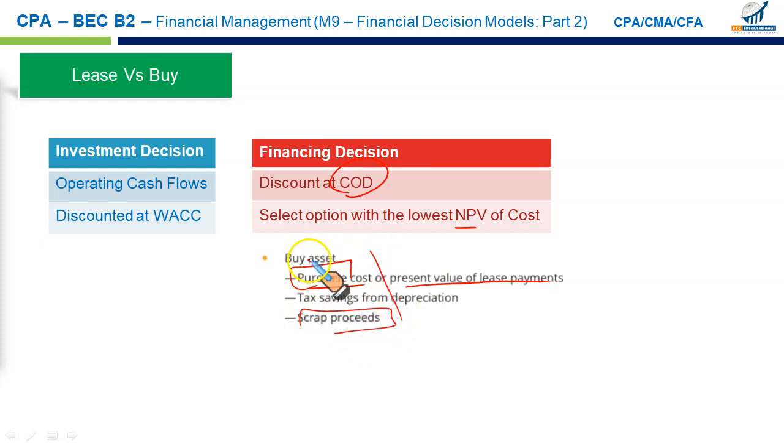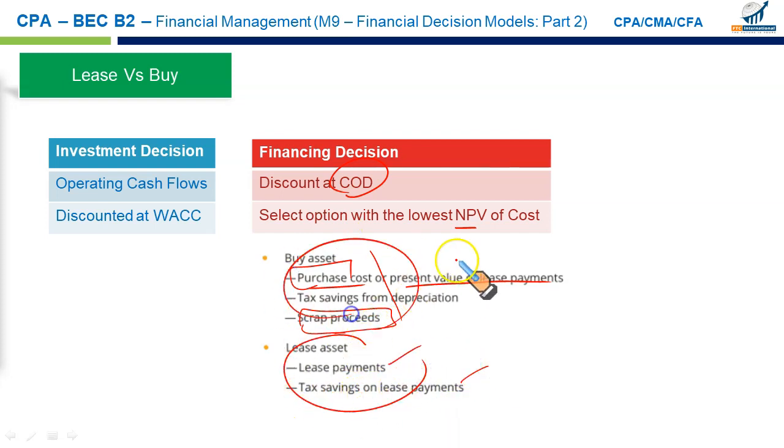So buying through borrowed funds will involve the purchase cost, the depreciation tax shield, and the scrap proceeds. If you go for a leasing arrangement, you have to make lease payments and you will get some tax saving on the lease payment. So these two things you will have to compare: borrow funds and purchase the asset, or lease it.